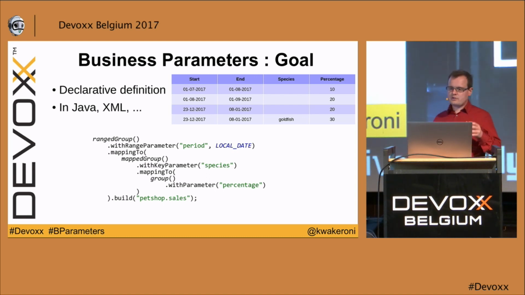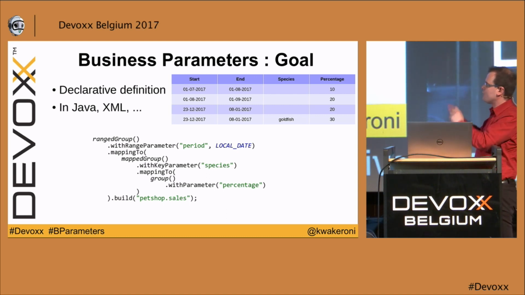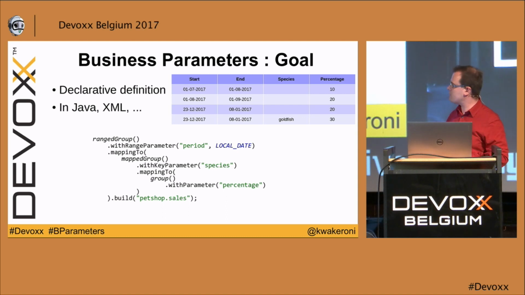So what you see here in code is kind of the definition of this group. So we have a ranged group that is the parameter period of type local date, which maps to a mapped group that has a parameter species. And those two will map to the actual percentage. So this is kind of a fluent API. It may not be too readable.